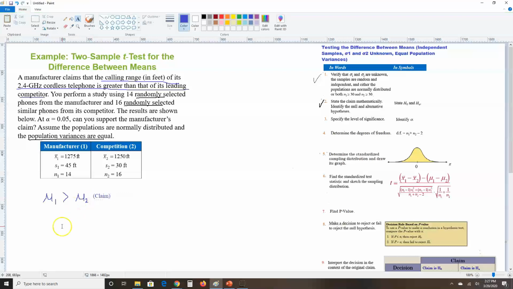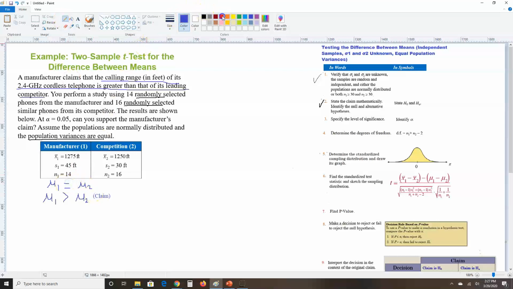Also, don't forget that every claim has a counterclaim, so we need to state the opposite of this claim, mu1 bigger than mu2. So the opposite will be mu1 is less than or equal to mu2. However, in our book, in my stat lab, for the counterclaim we're not going to use less than or equal. Instead, we're going to use equal.